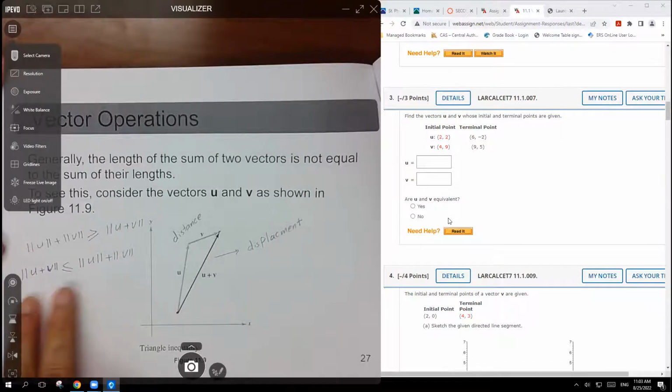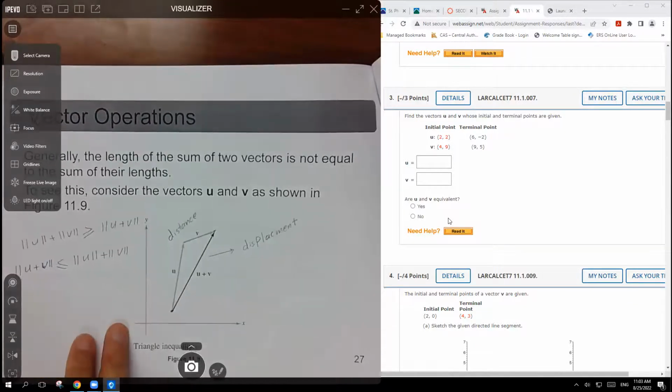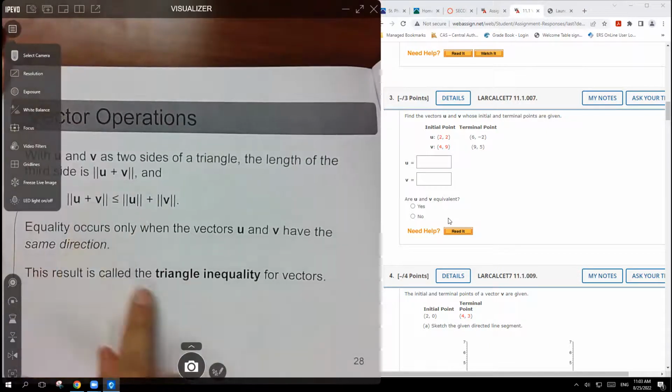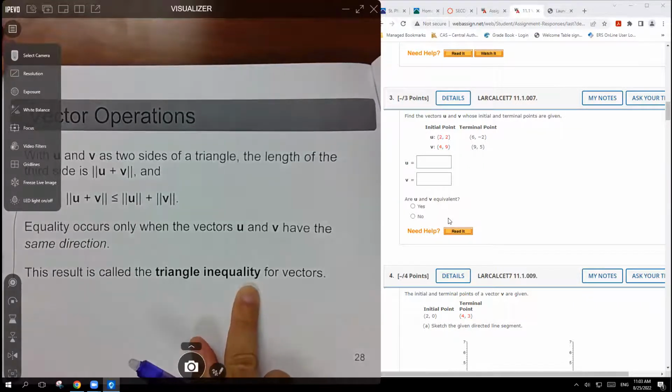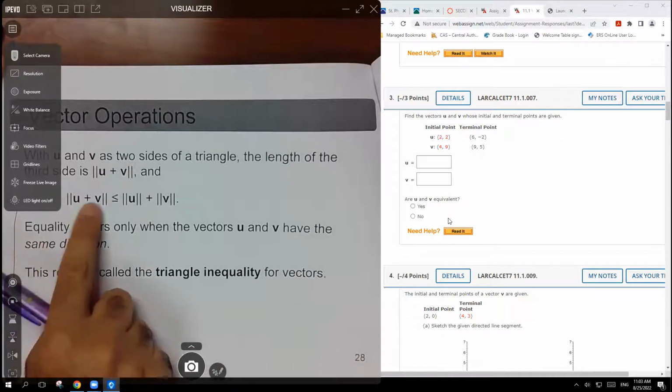Check this one as well. What do you call this one? It's called the triangle inequality.